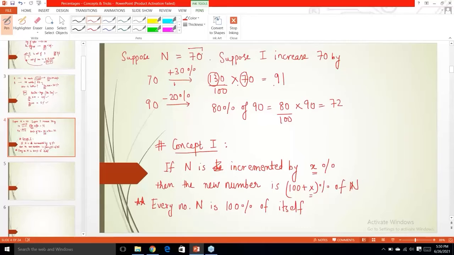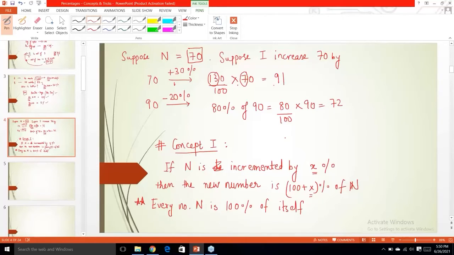So if you take 70 and increment it by 30%, 70 itself was 100% of itself, and if you're incrementing it by 30%, the new number should become 130% of itself. Similarly, 90 was originally 100% of itself. You decremented it by 20%, so it became 80% of itself. So that's why this concept gets used quite a lot, and this is why this concept works.